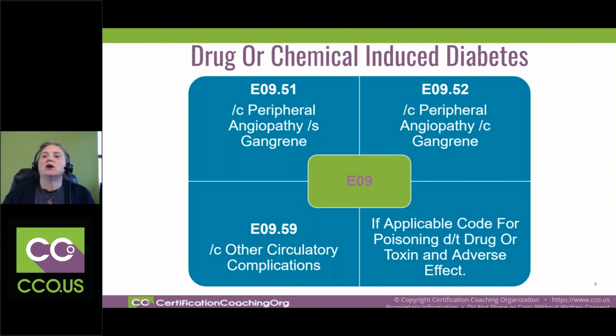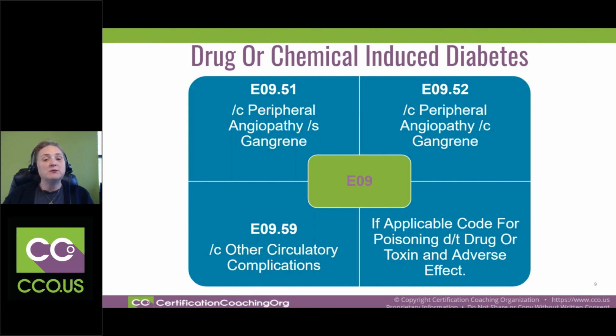What about E09, drug or chemically induced diabetes? What are our options? Well, it would be a .51 if you had your patient that's diabetic with peripheral angiopathy without gangrene. And then you have a .52 with gangrene, peripheral angiopathy with gangrene.